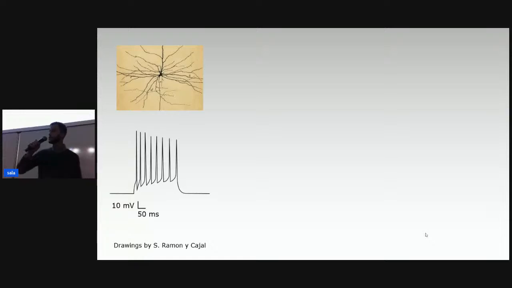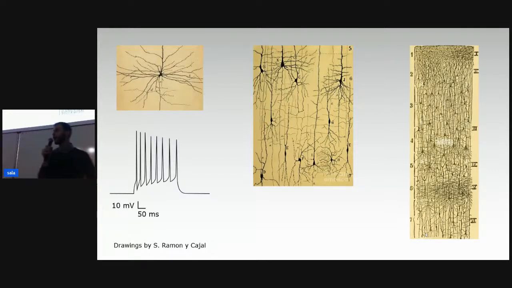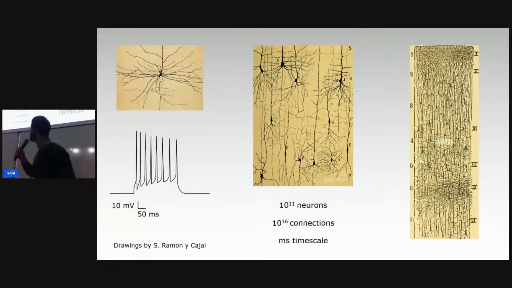So neuronal information is basically those kind of signals that you see there. It's basically electrical signals. And the way neurons make contact with the others is by sending axons and dendrites. And the picture becomes very complex very soon. To give you an idea of what is going on in the human brain, we have something like 10 to the 11 neurons that form something like 10 to the 16 connections.